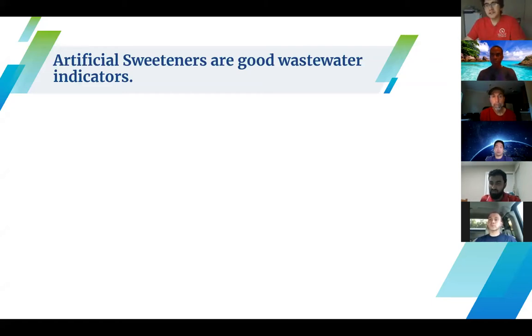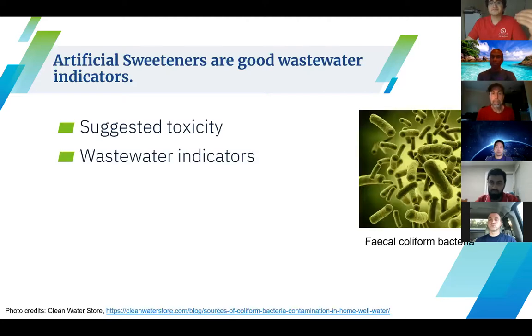Wastewater is basically any type of water that is used and gets polluted in the process of human use. This goes to the point that if we find these compounds in waters, then sewage contamination is probably not too far away. This is bacteria that exists in feces and polluted waters.